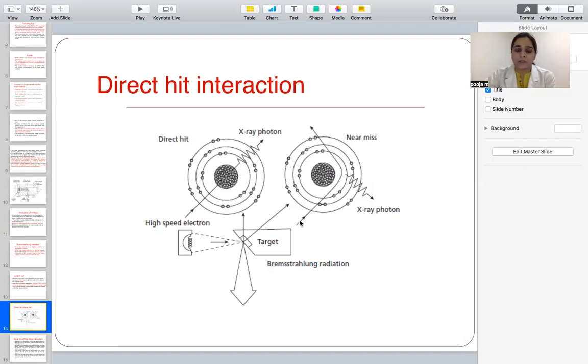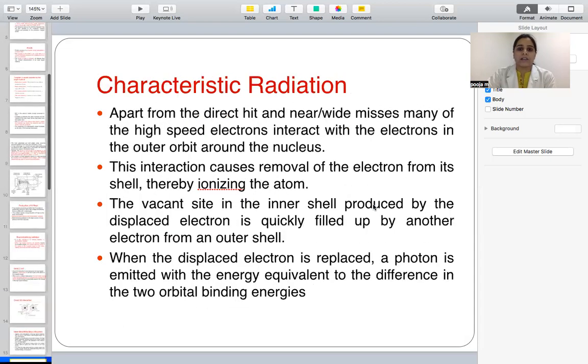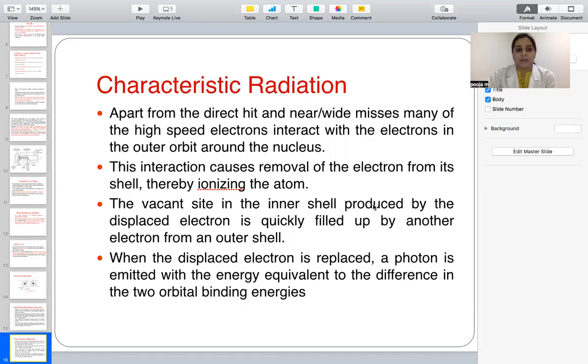Near miss is nothing but when the electrons are directed towards the nuclei of a tungsten atom and go near it, because of the attractive forces, they deflect from their original path and deviate towards another path. This deflection results in the release of a certain amount of energy which is given out as a single photon. So this is your Bremsstrahlung radiation, through which X-rays are produced by direct hit and by near miss.